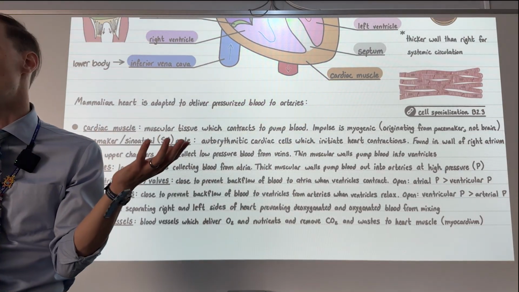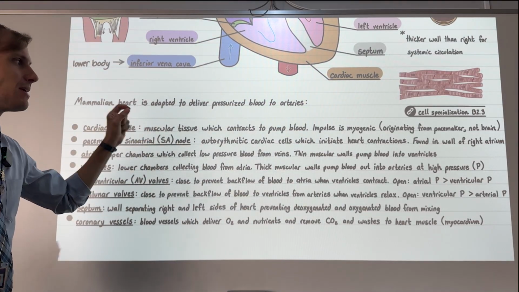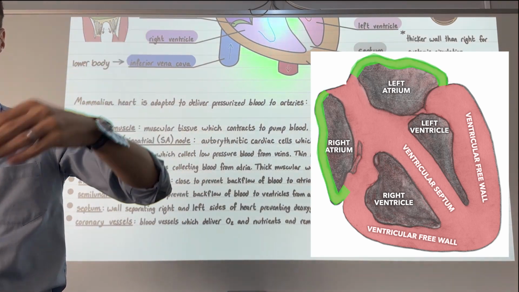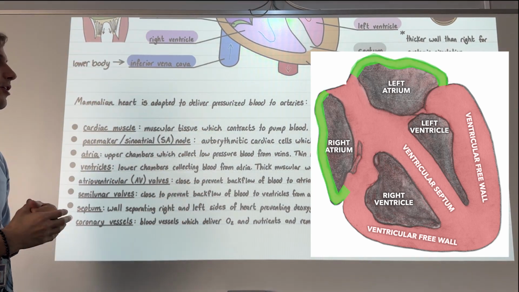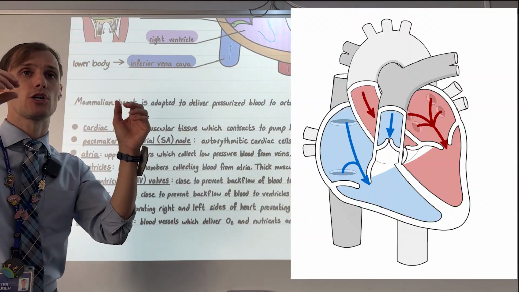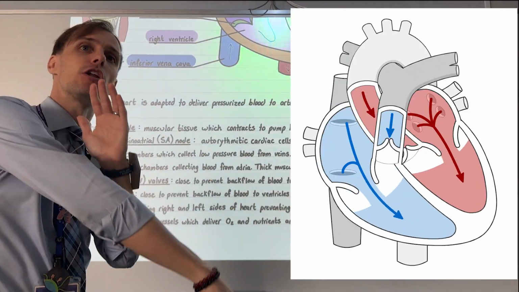So their muscular walls are typically much thinner, as you already deduced from looking at different diagrams. Their main role is just to contract to pump blood into the lower chambers, the ventricles.